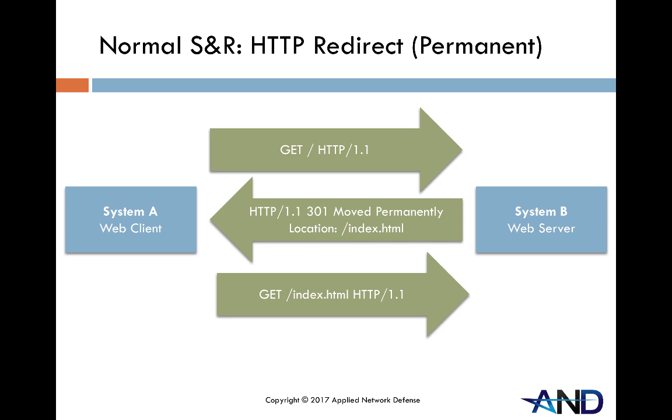All that matters in a specific situation you're looking at is that once system A receives that location field in the 301 response, it will then request the page that is listed as the location there. People will use those interchangeably, the 301 response or the one we're about to look at next, the 302 response.